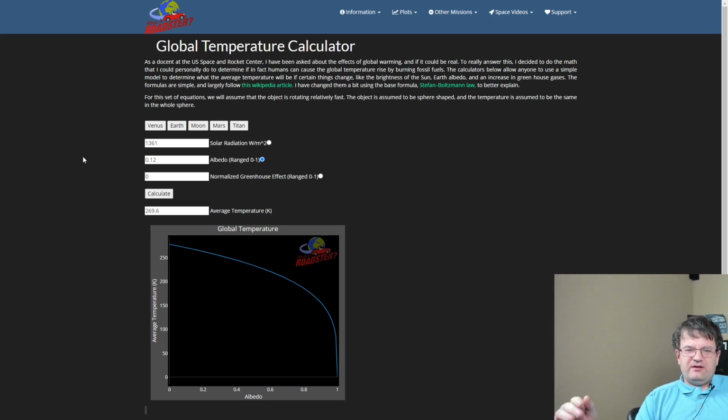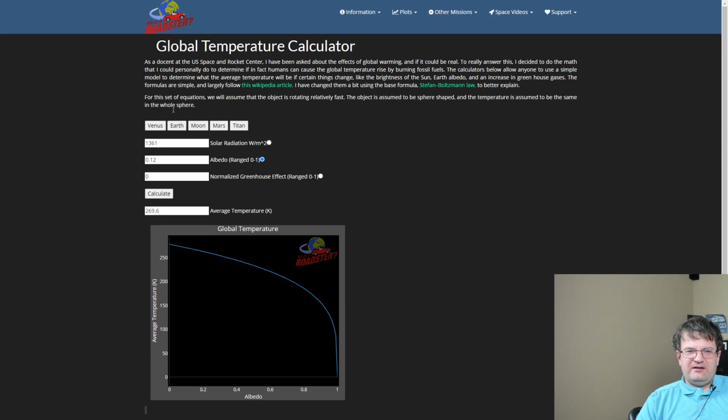So the Earth's albedo was about 31. If we had no atmosphere, the temperature of the Earth would be 253 degrees Kelvin, roughly, which is about -20.